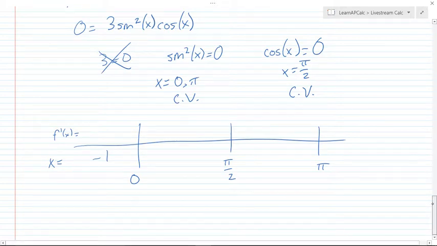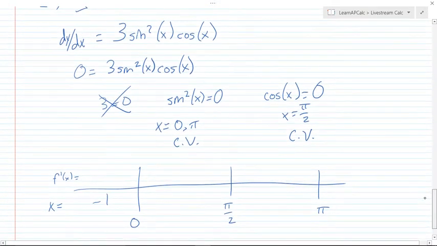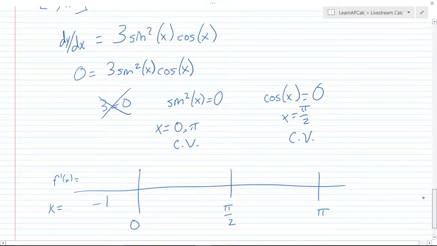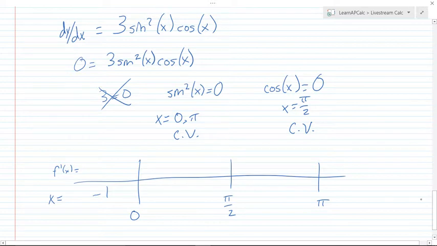We want to pick easy values, so negative 1, yeah, that's easy enough. Between 0 and pi over 2, pi over 4 is pretty easy. Between pi over 2 and pi, 3 pi over 4 is easy. And after pi, 2 pi is pretty easy.